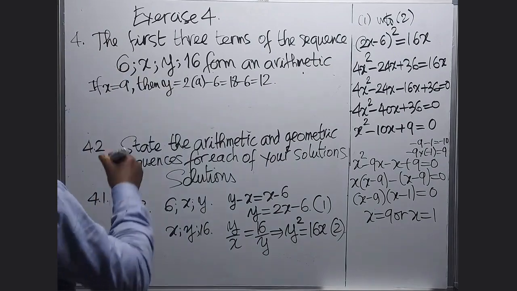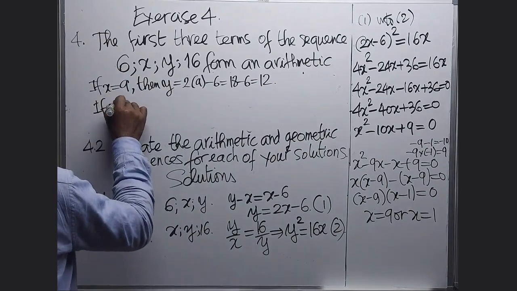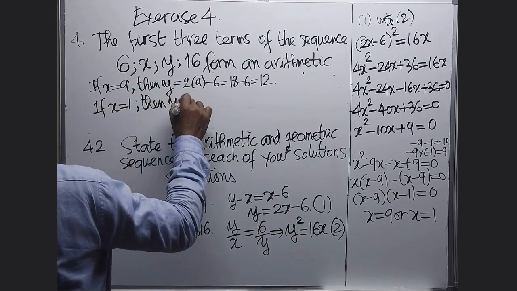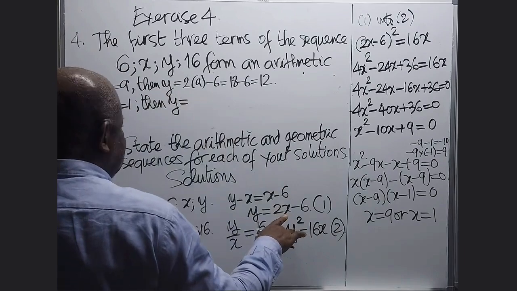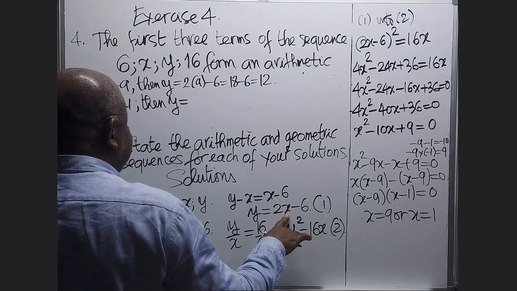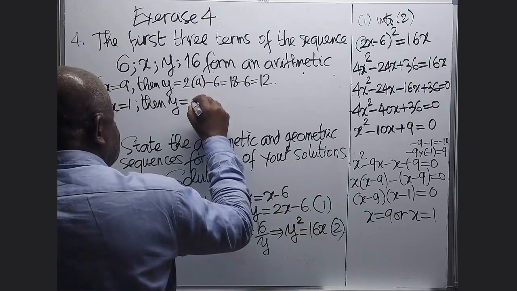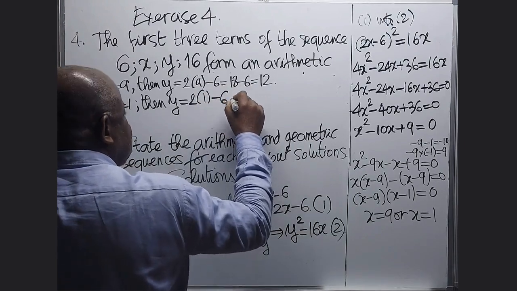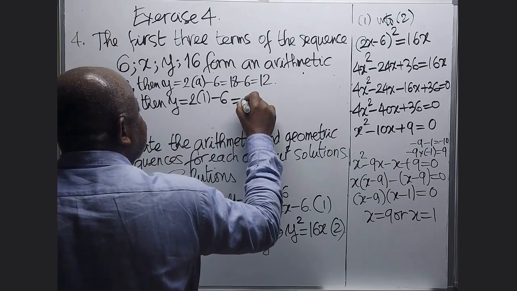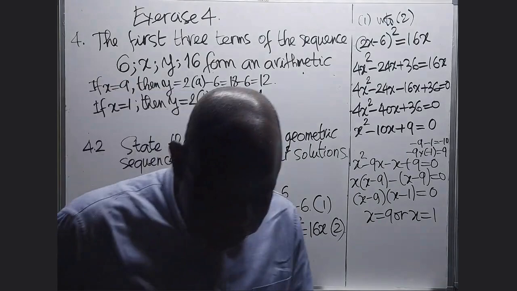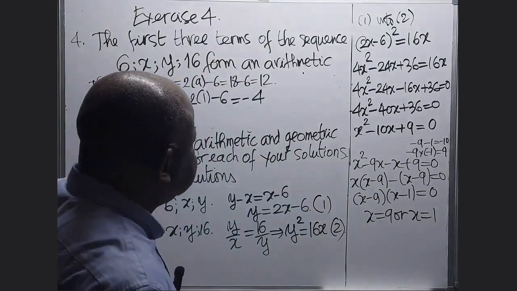We're going to take the second value. If x is equal to 1, we replace x by 1: y is equal to 2 times 1 minus 6, then 2 minus 6 is negative 4. So the value of y will be negative 4.